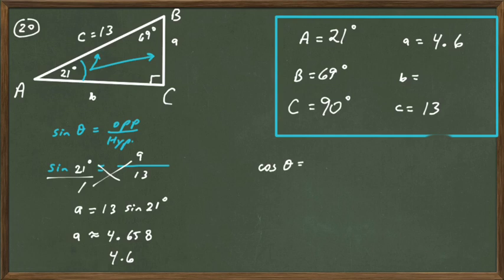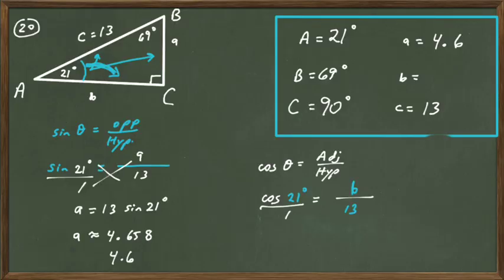Cosine of an angle is adjacent over hypotenuse. So the cosine of, let's use 21 again, equals the adjacent, this time the adjacent is B, over the hypotenuse of 13.